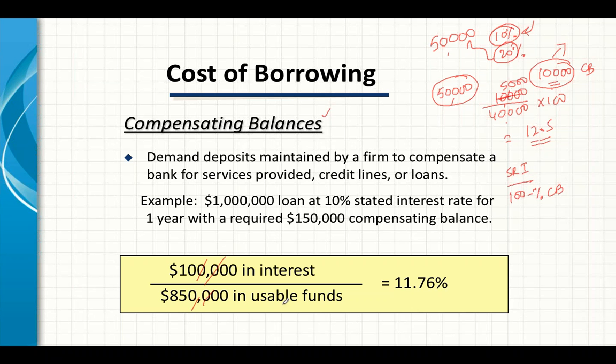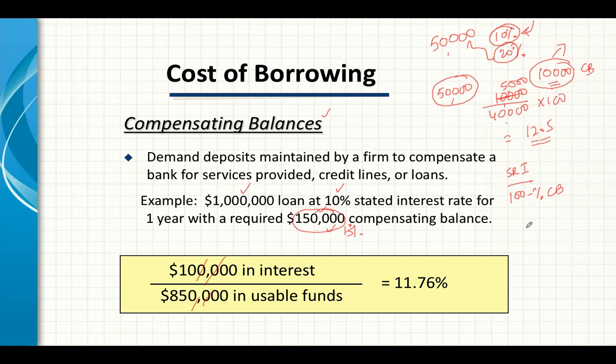Let me give you this. We borrowed 1 million at the rate of 10% with a compensatory balance of 150,000. 150,000 is nothing but 15%.